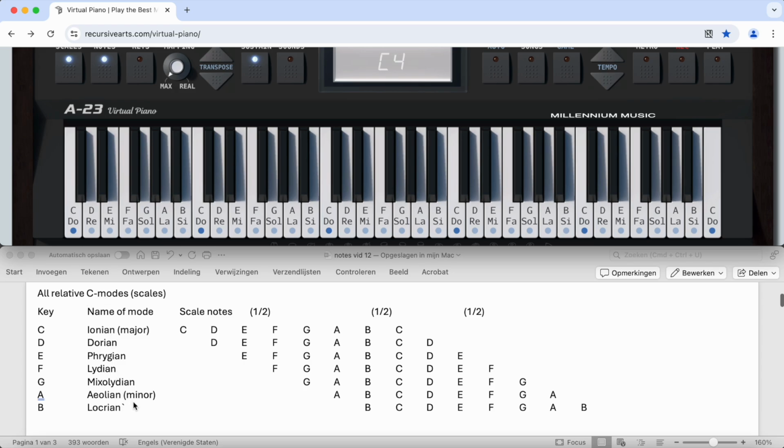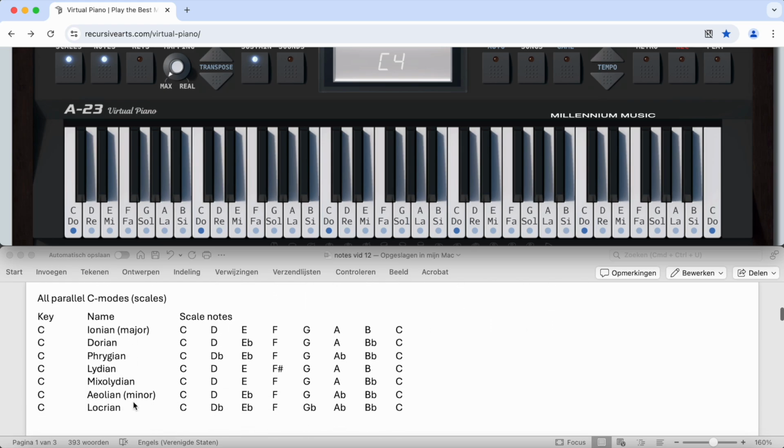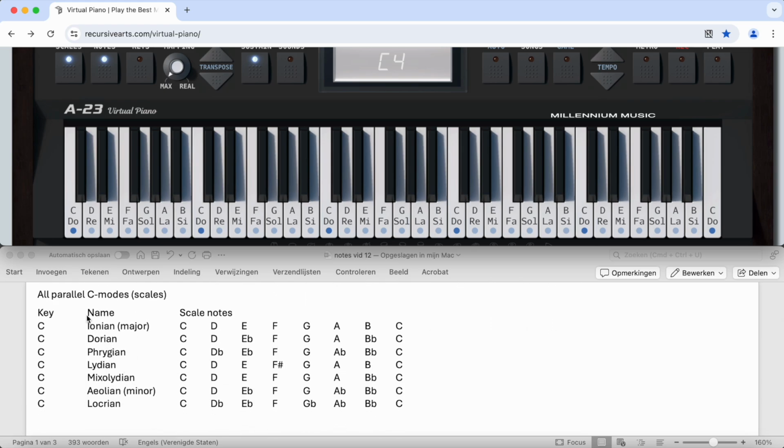That's why all these modes are put parallel.